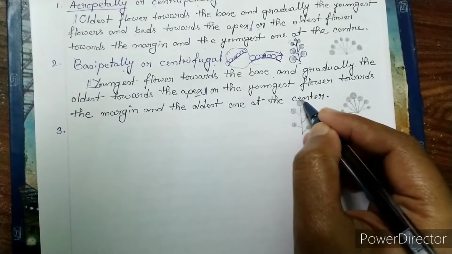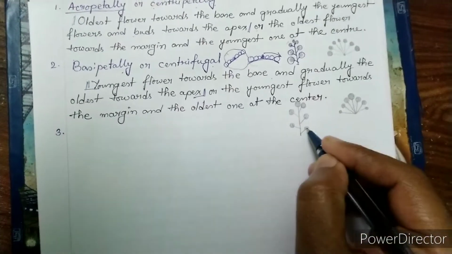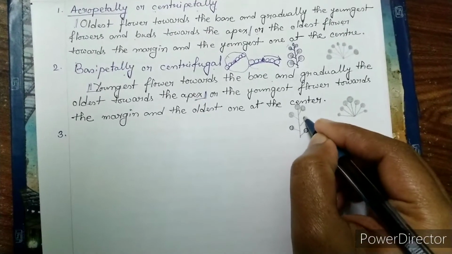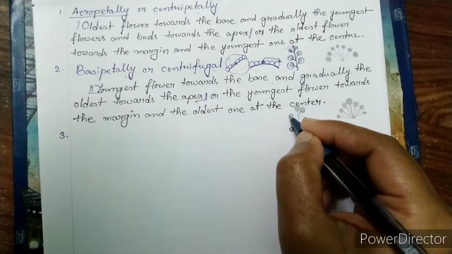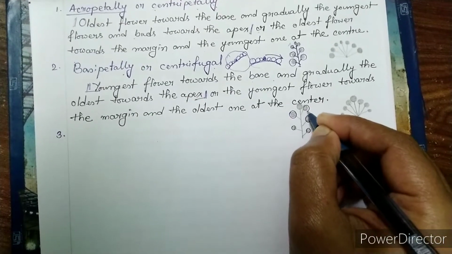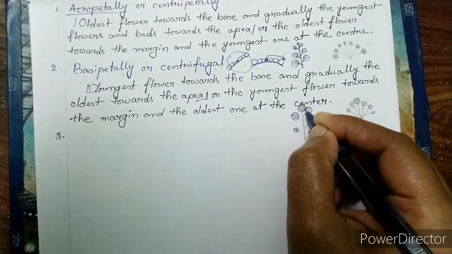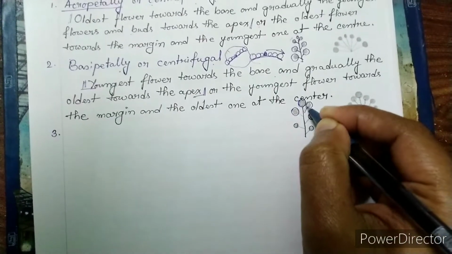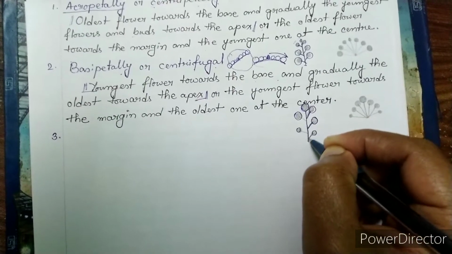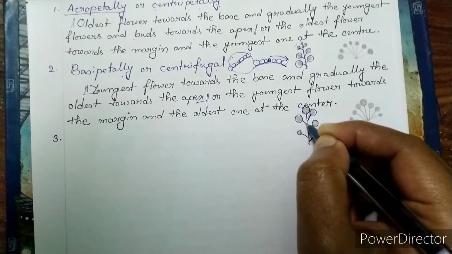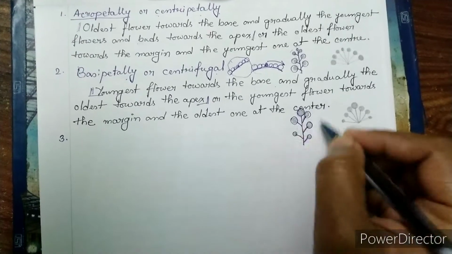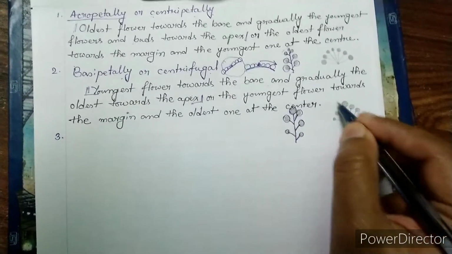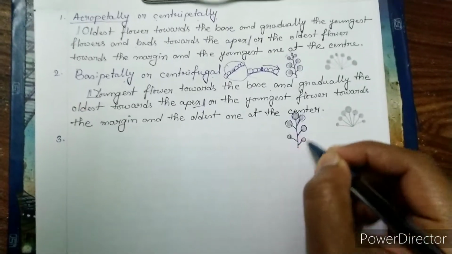So from this, the youngest flower is toward the base, this one, these all are youngest, and it gradually changes into the older one. So this type of arrangement happened, then we call this basipetal arrangement. Okay, this is basipetal arrangement, not this one. This one is centrifugal and this one is basipetal.